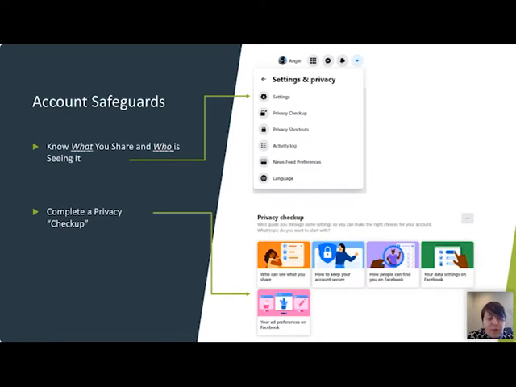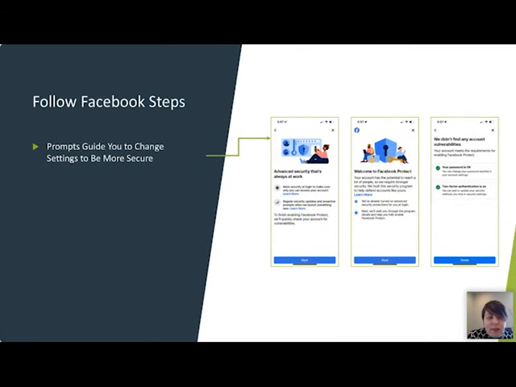The checkups are your easiest way to get your account to the best that it can possibly be, or to make you aware if there happen to be some things that place you at risk. These are prompts that you would see on a device, most likely a phone. You follow the steps to guide you through additional steps you should be taking, if you're not already, in order to safeguard your account.